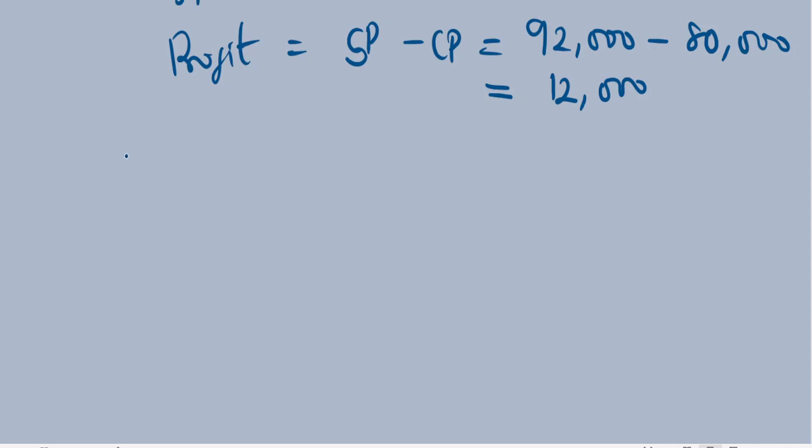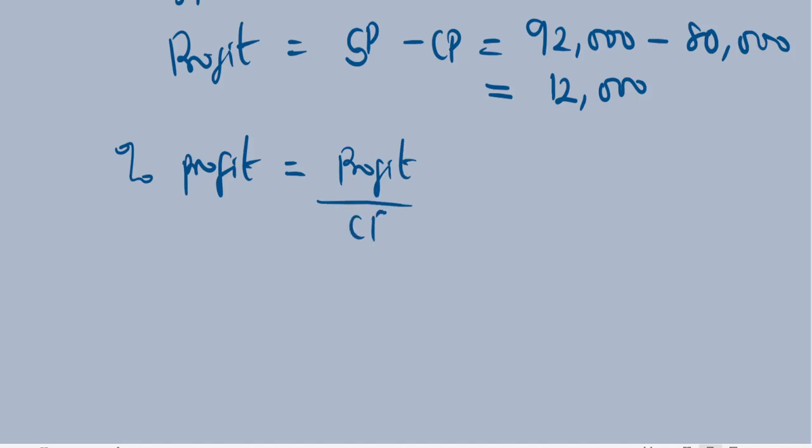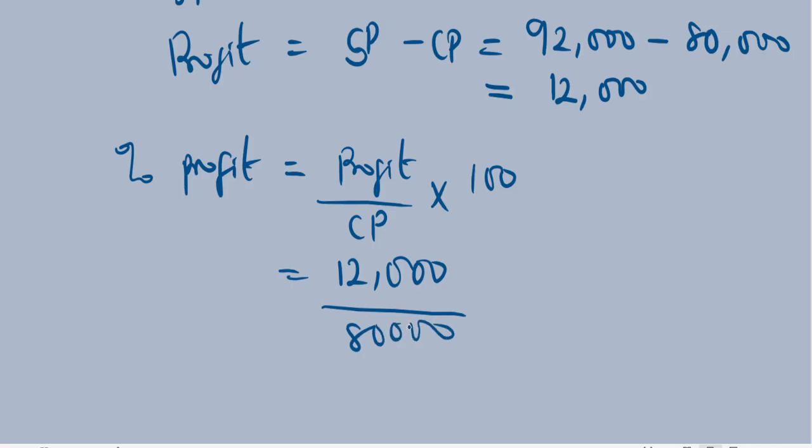If the profit is 12,000, what then is the percentage profit? Percentage profit is profit over cost price multiplied by 100. In this case it is 12,000 over 80,000 multiplied by 100. So divide by 1,000 here and divide by 1,000 here.